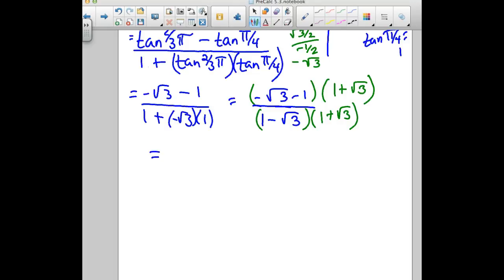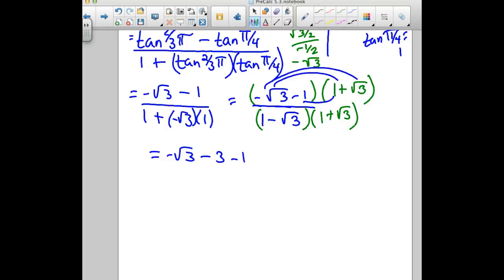We have negative root 3 times 1. Outsides, we have negative root 3 times a positive root 3. That gives us a negative root 9, or just negative 3. We have insides a negative 1.